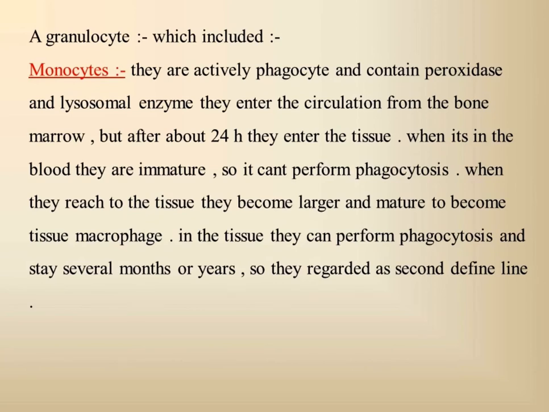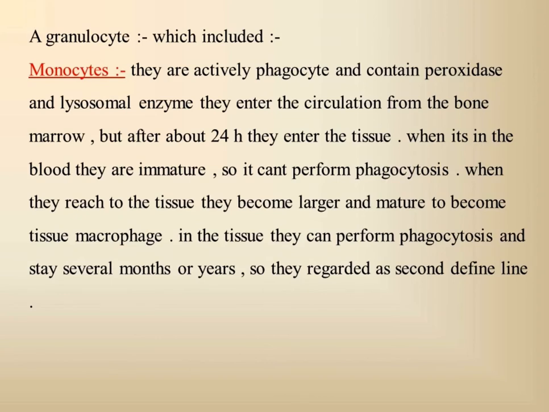So it is more powerful than the neutrophil after 24 hours because it is immature in the blood but will be mature in the tissue, and is considered the second defense line. When it is in the blood, it is immature, so it can't perform phagocytosis. But when it reaches the tissue, it becomes large and mature to become a tissue macrophage.